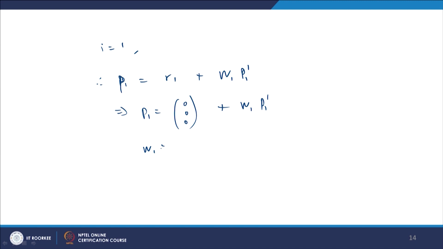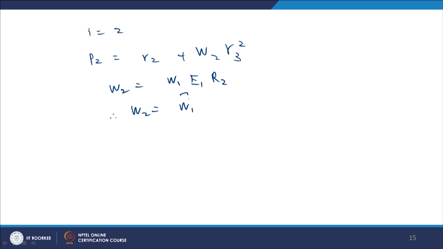Here W_1 equal to W_0 hat R_1, which implies identity multiplied by R_1. So, basically it is R_1.